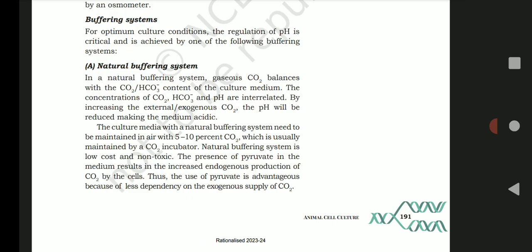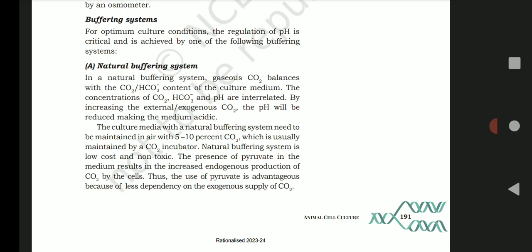The pH is interrelated with the increase in the level of carbon dioxide, because when the cell grows and divides, oxygen is supplemented to the cells, and during metabolism carbon dioxide is generated. That carbon dioxide is converted into carbonic acid in the presence of carbonic anhydrase.